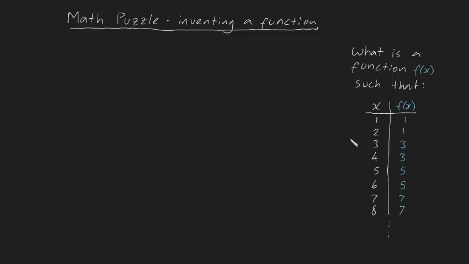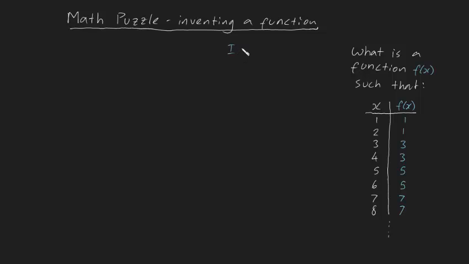Okay, well, I think the first thing we need to notice about this relationship is that for every odd number of x, we need our function to pop out that same number. And with every even value of x, we need our function to pop out that same number minus 1. Notice that's always going to be true. So let's write that in the form of an if statement.